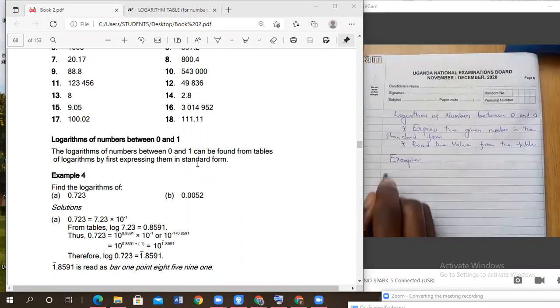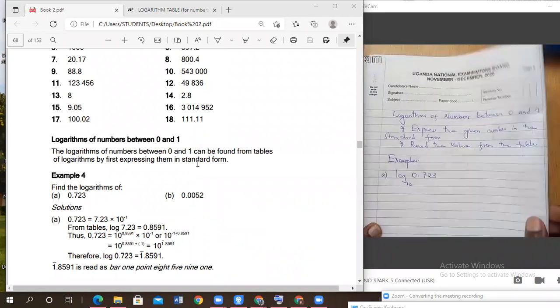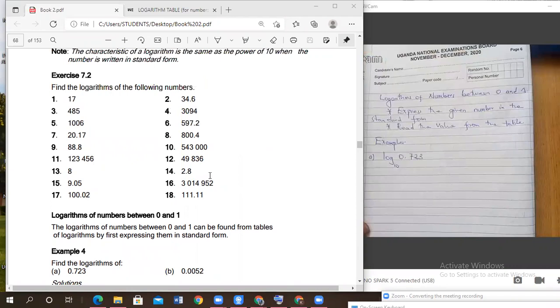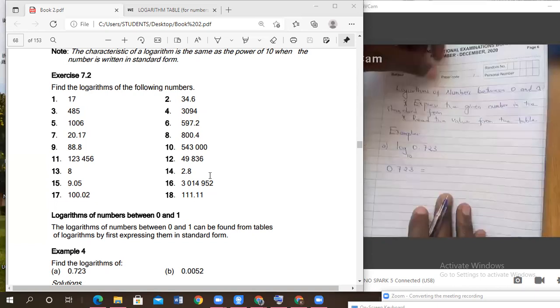A, they want us to find log to base 10 of 0.723. We first start by expressing the number in standard form. So what is this one in standard form?